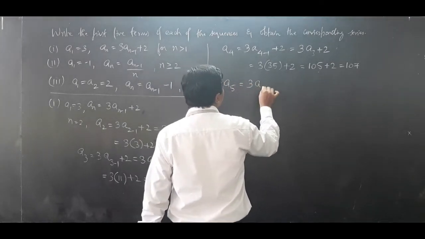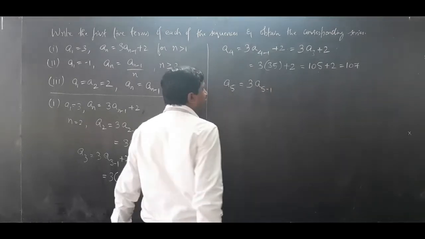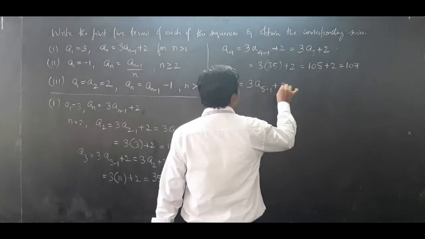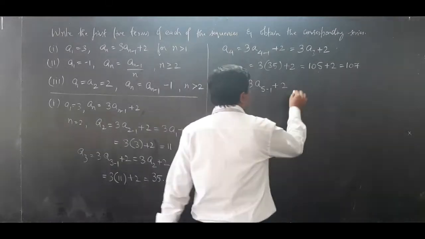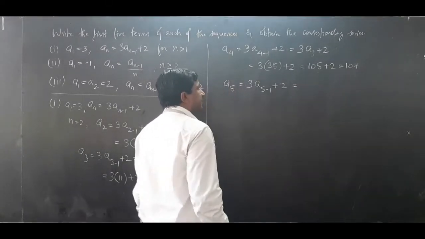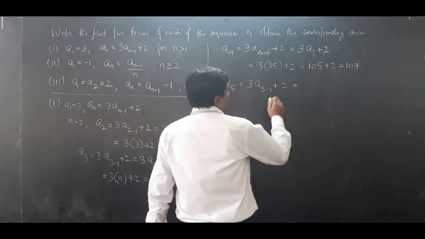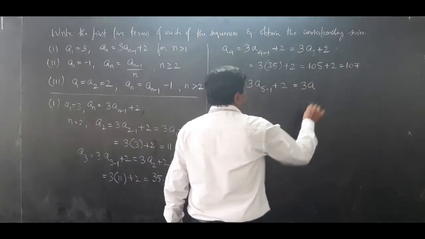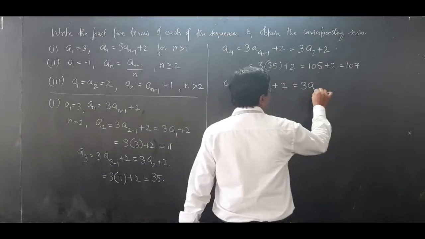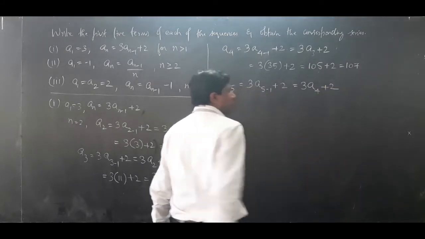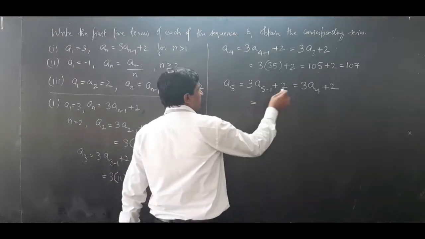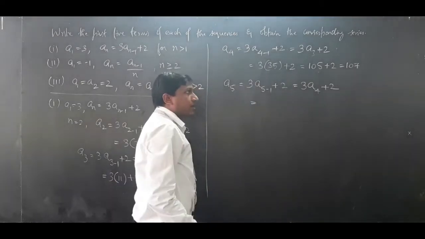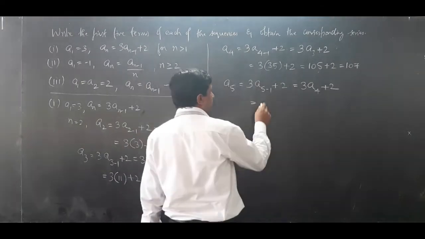Okay. a5. What is a5? 3 into a5 minus 1 plus 2. So this is 3 into a4 plus 2. What is the a4 value? The a4 value is 107.